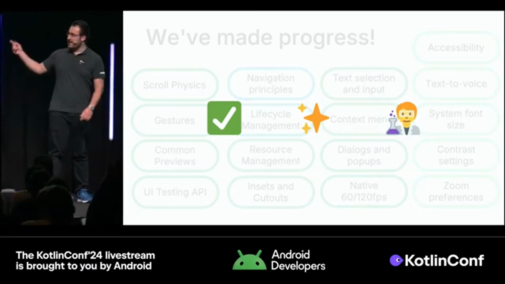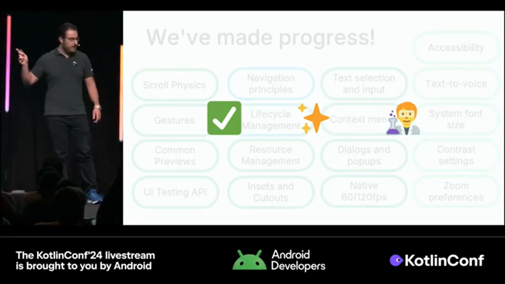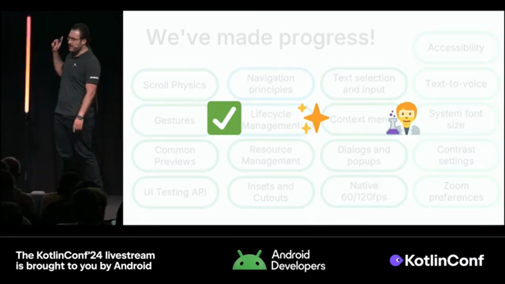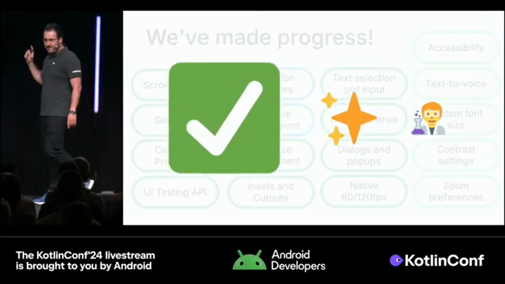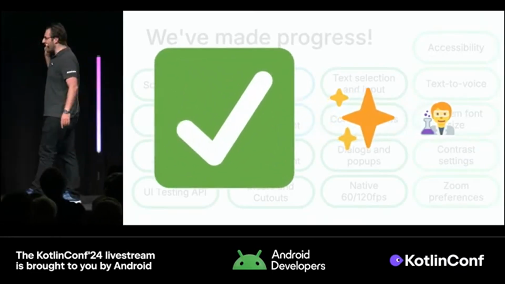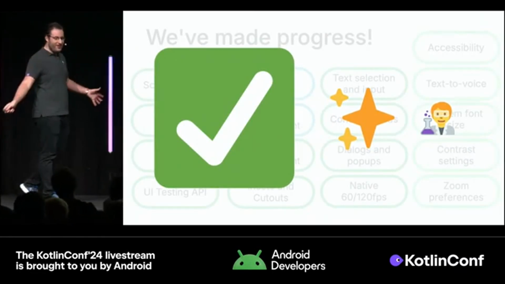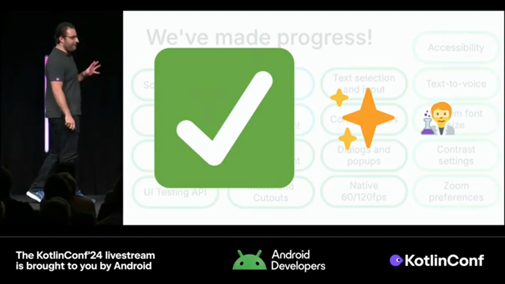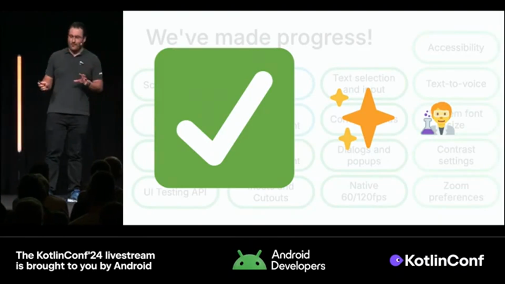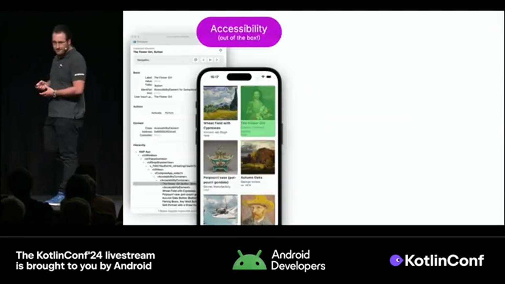Now, when I showed this slide to a colleague, he rightfully noted that this does not actually reflect what happened. This is closer to what it actually looks like. The vast majority of things are just done now, which is very exciting. And a couple of other things are still a work in progress.